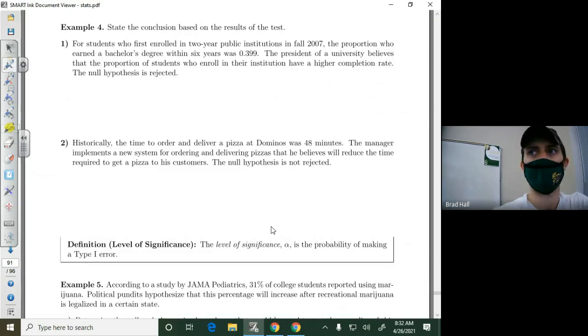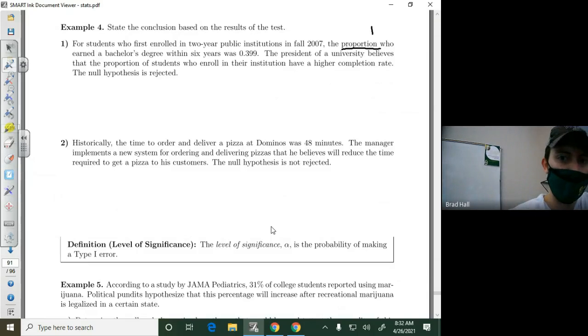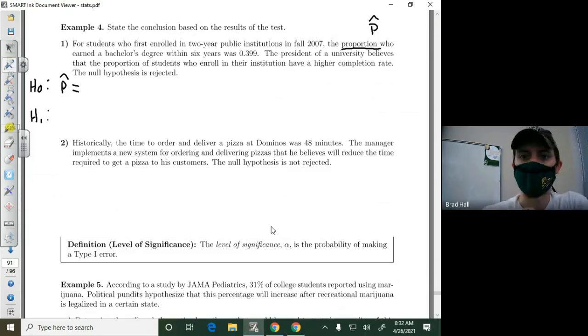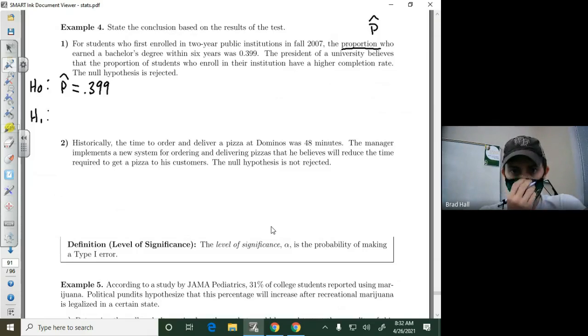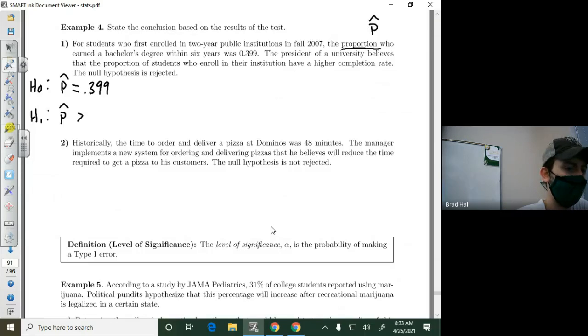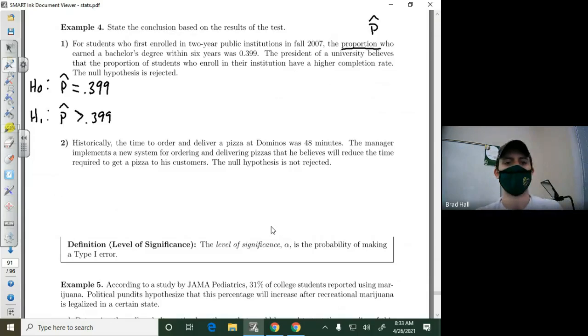They do tell us the population parameter. It's the proportion. Means p hat. So the null hypothesis, they assume that the proportion who earn a bachelor's degree within 6 years is 0.399. President of a university believes that this is actually higher than 0.399. So that's why I have a greater than sign.